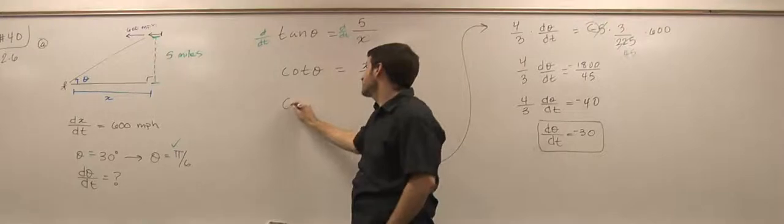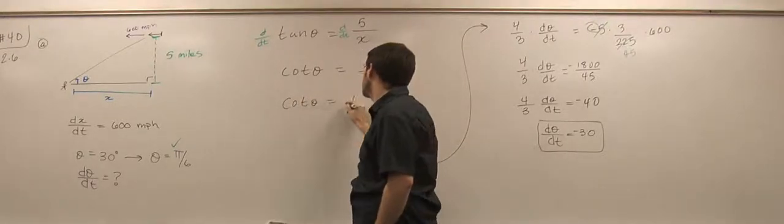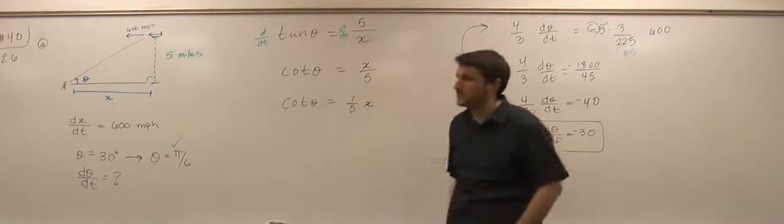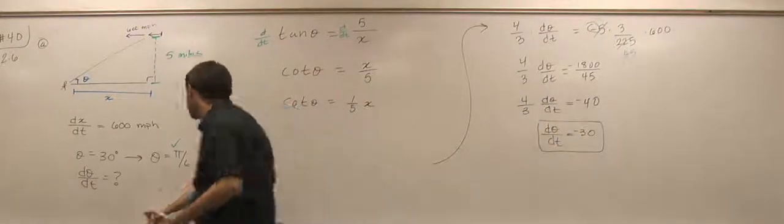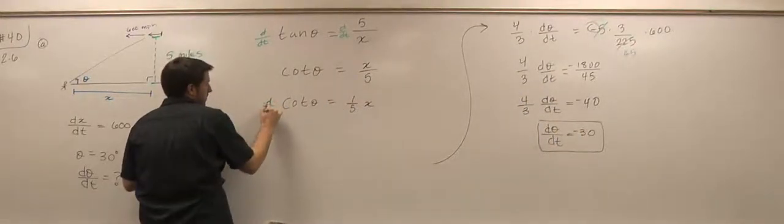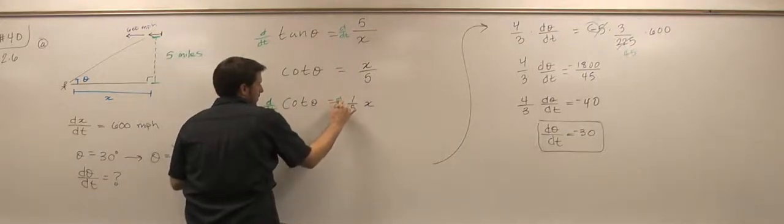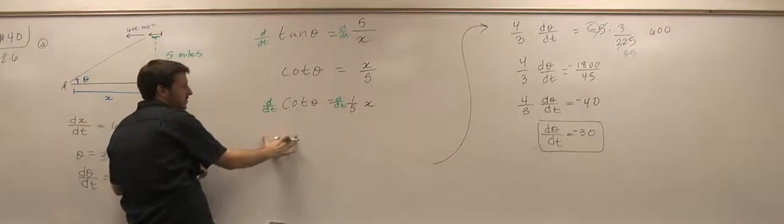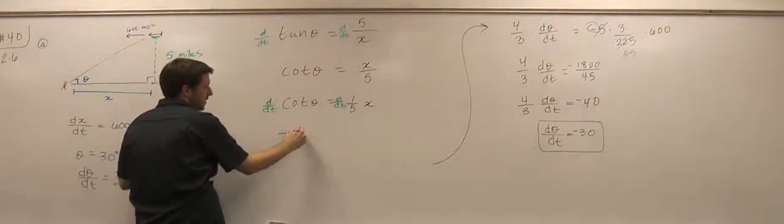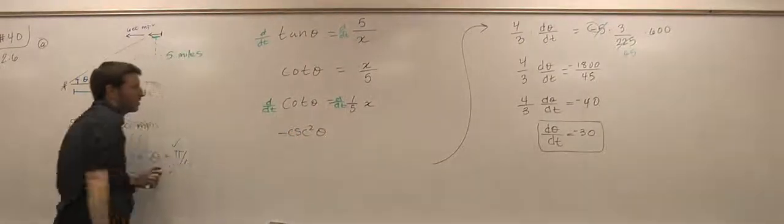So now this will be cotangent theta equals, think of it as 1/5 x. So when you derive both sides, the derivative of cotangent, well, that's not much harder than the derivative of tangent, right? It's negative cosecant squared theta.